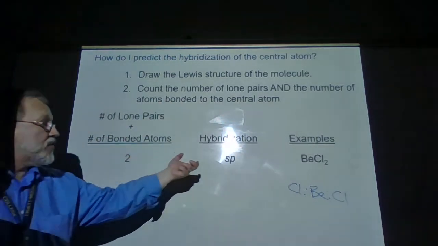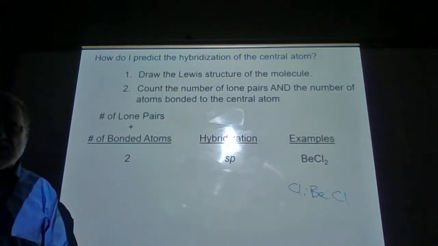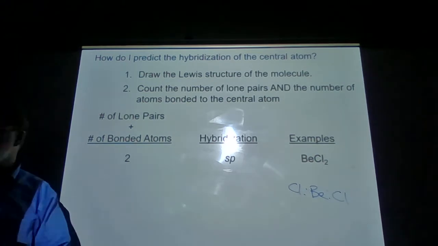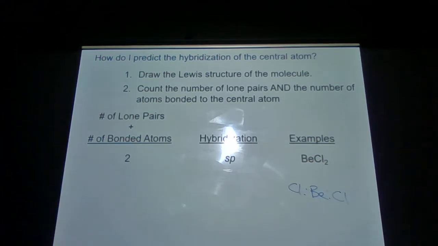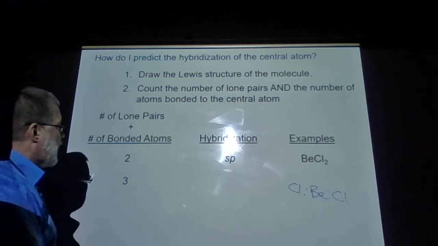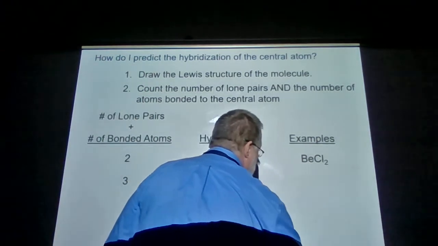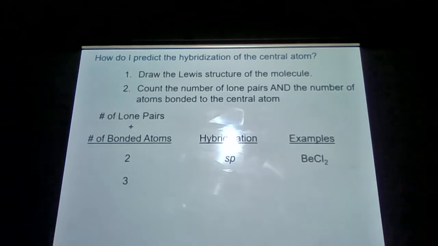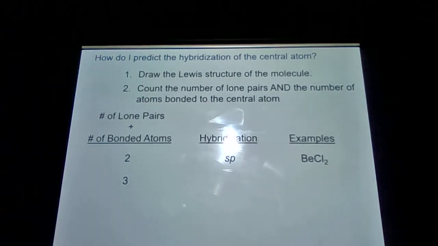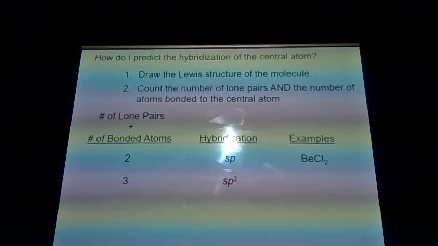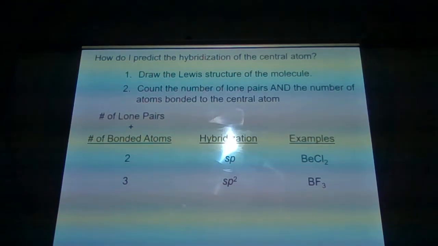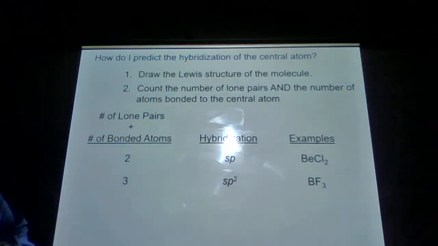Hybridization of your center atom is sp. If you have a combination of lone pairs and bonded atoms as 3, you have sp2 hybridization. The example here is boron trifluoride.